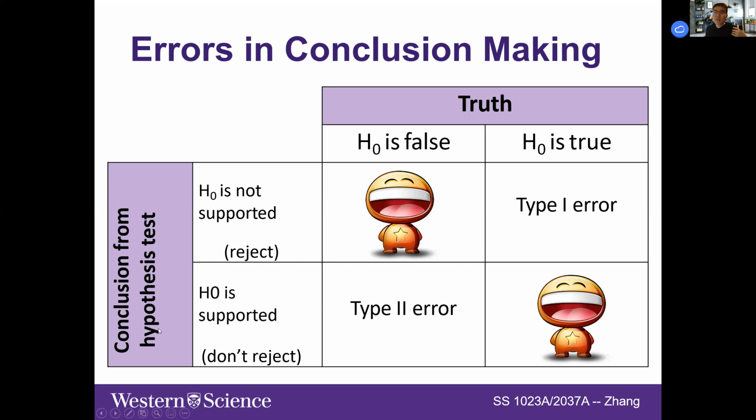The results of our test could be either we reject our null hypothesis or we don't reject it. And in truth, our null hypothesis could be false or true. Similar to false negative and false positive, there are two different ways to make mistakes in testing. Here we distinguish these two types by the names type 1 error and type 2 error.